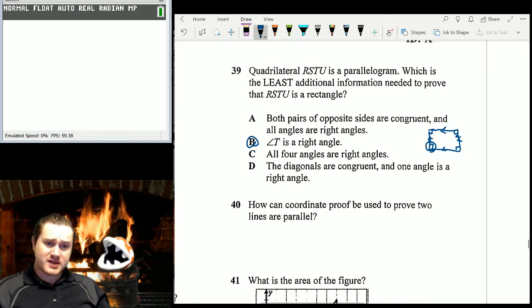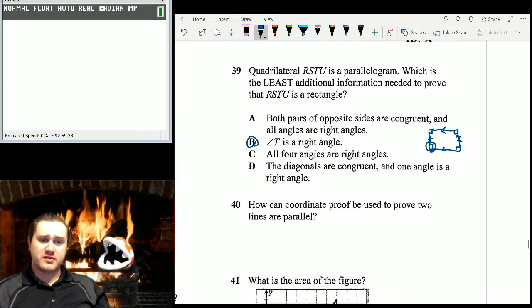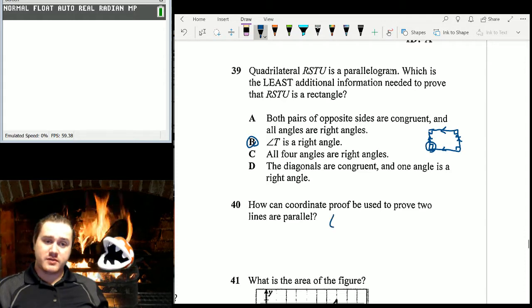Number 40 says, how can coordinate proofs be used to prove two lines parallel? Coordinate proofs are the ones where you're using the ordered pairs (x1, y1) and (x2, y2), and you're comparing them.